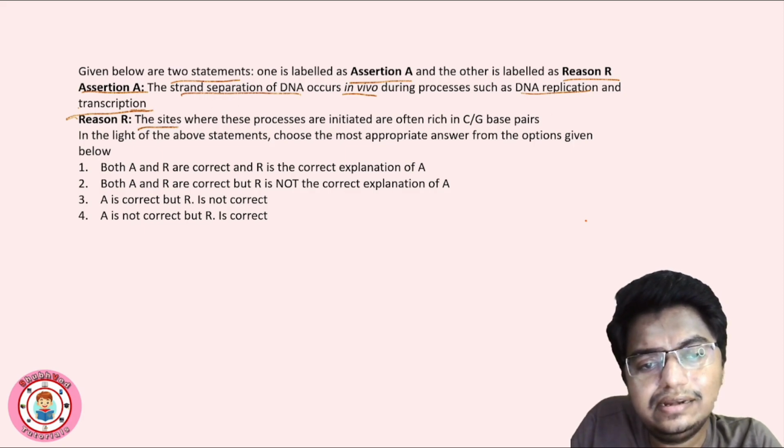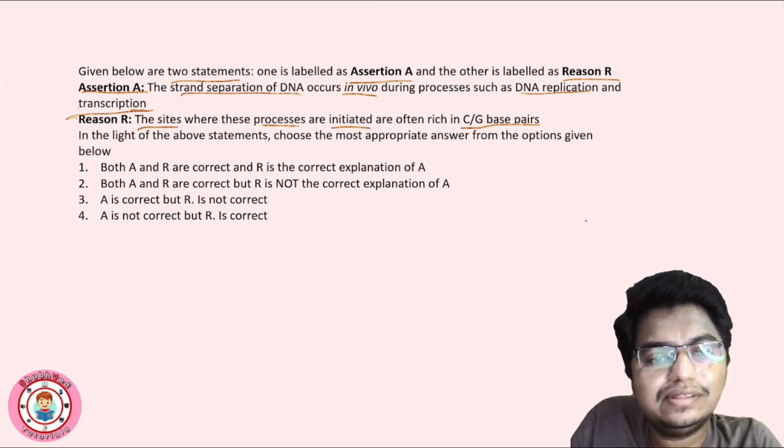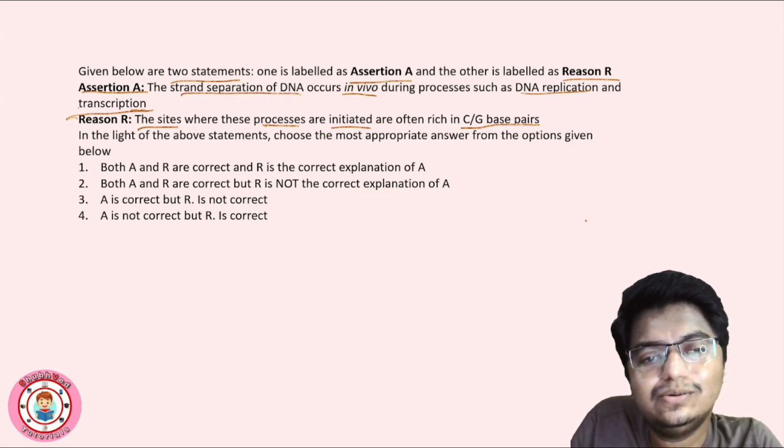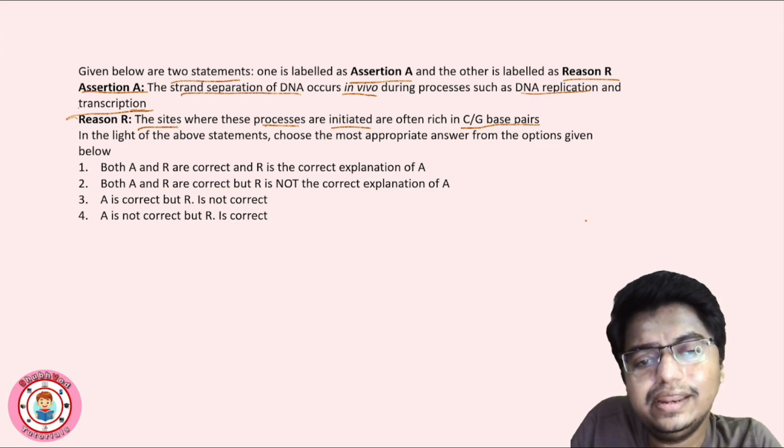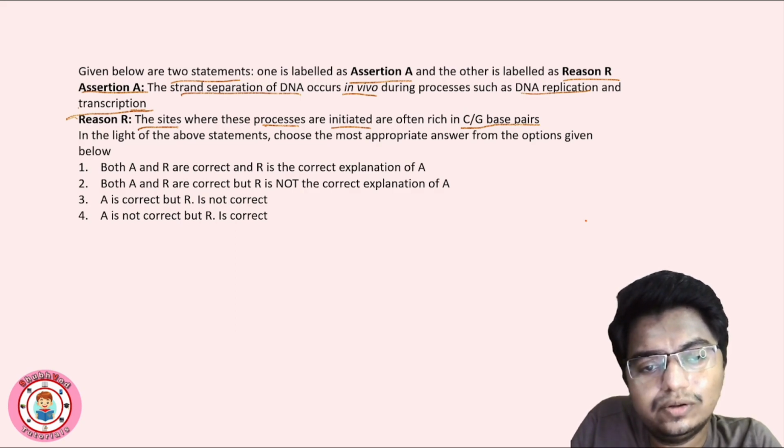The sites where these processes are initiated are often rich in GC base pairs. Wrong. AT base pairs. AT rich regions. Strand separation means what? DNA unwinding. Right. Where does unwinding happen? Where there are AT rich regions. Okay. AT rich sequence. So reason R is wrong.